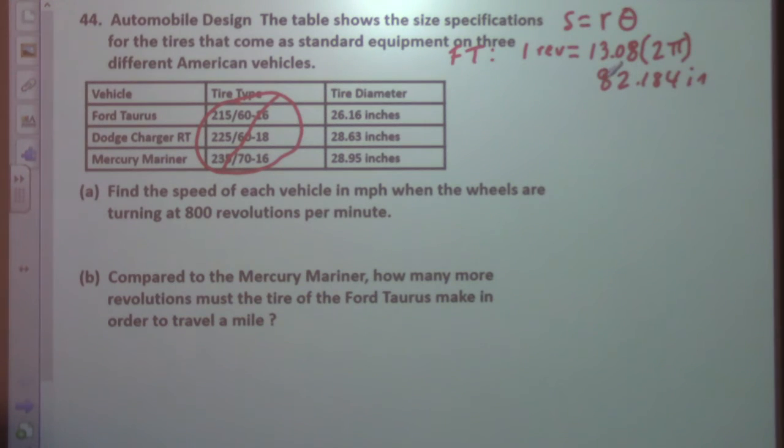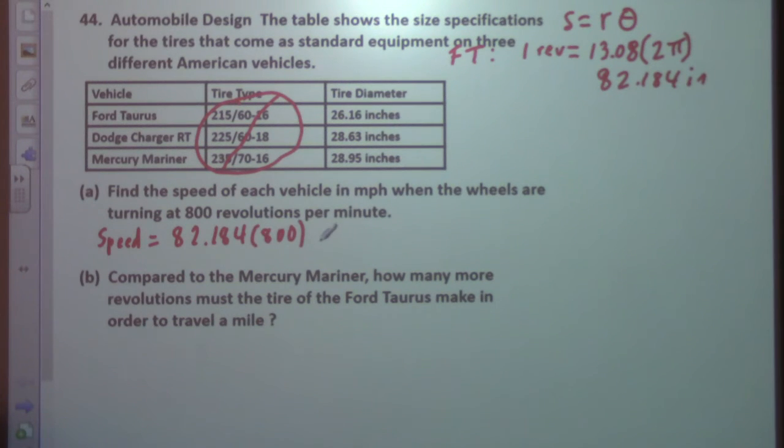So how do we find how far we go at 800 revolutions per minute? Yeah, times 800. So our speed is going to be equal to our one revolution times 800 revolutions per minute.